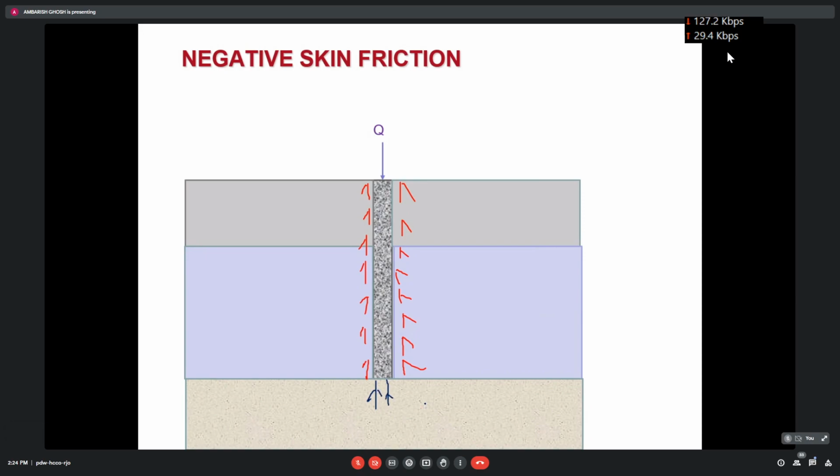It is clear. Q equal to what? This skin friction part plus this point bearing part, isn't it? Yes, sir. Now in this case, what is happening? The pile is moving down and the soil is giving the resistance.